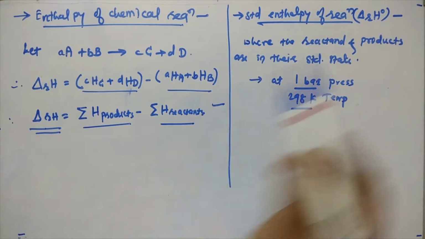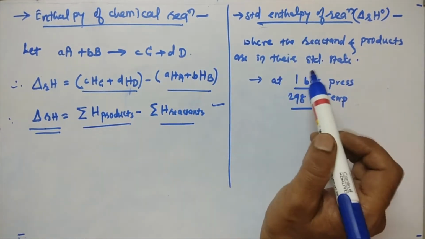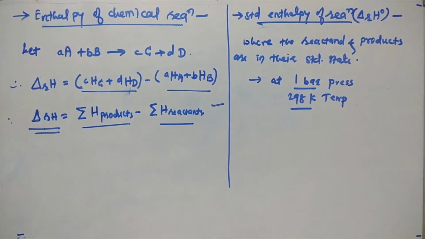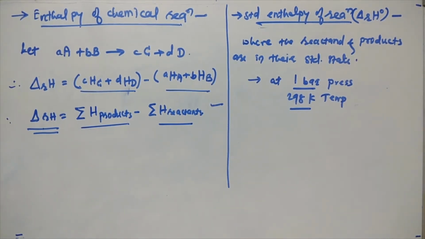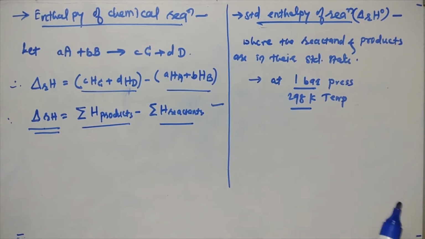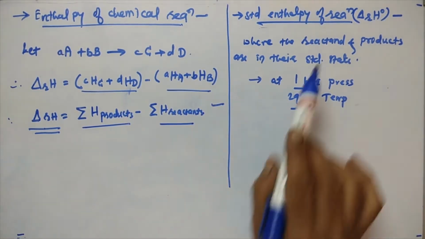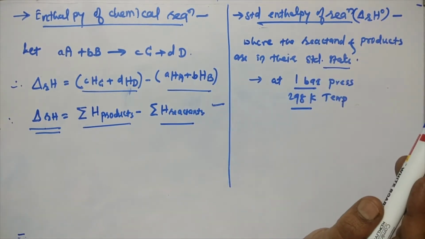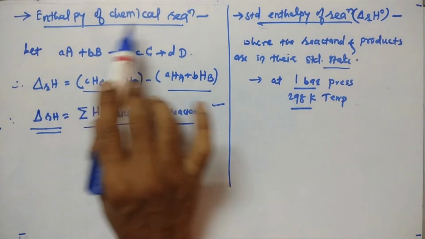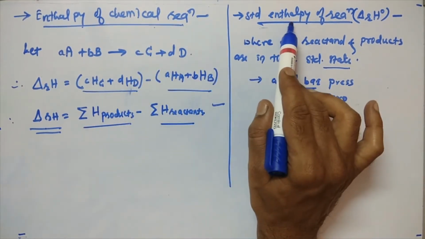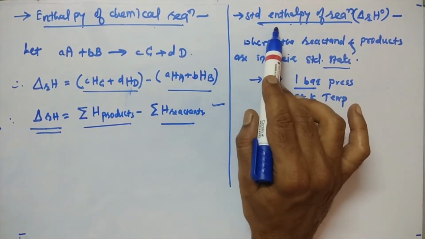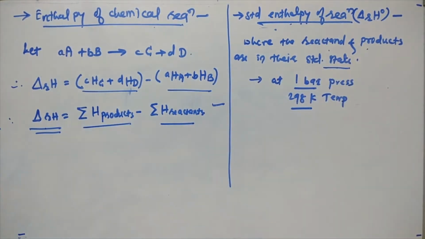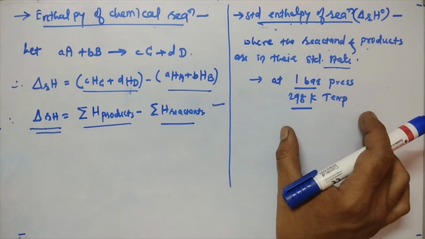After that, the standard enthalpy of the reaction. The standard enthalpy of a reaction is the change in enthalpy accompanying a chemical reaction where the reactants and products are in their standard state. The condition is that the reactants and products are in their standard state. What is a standard state?